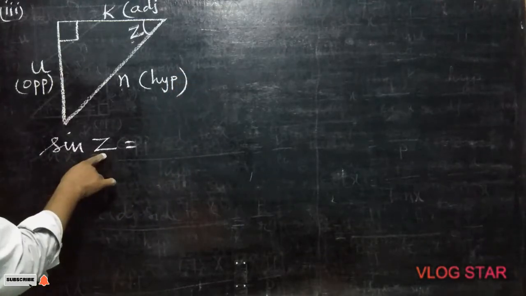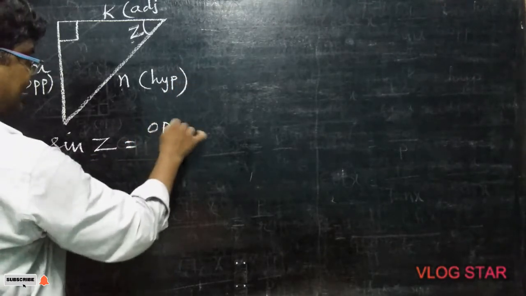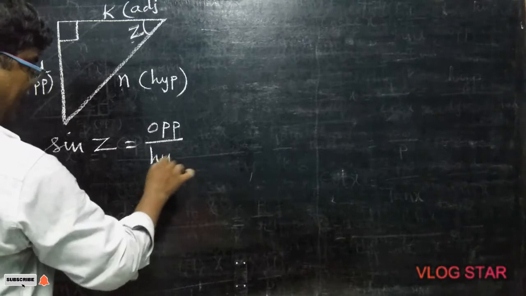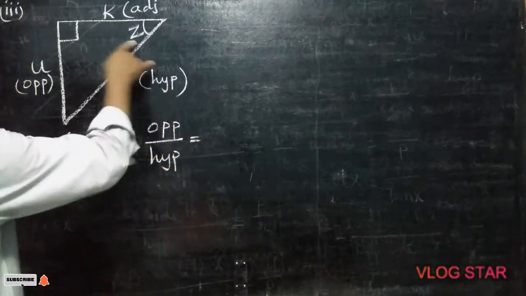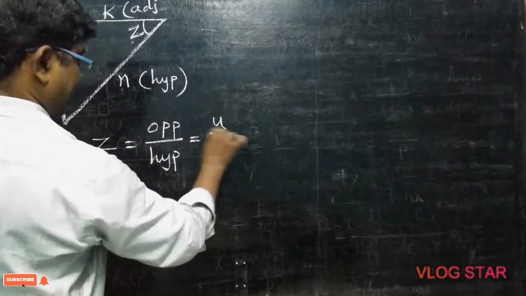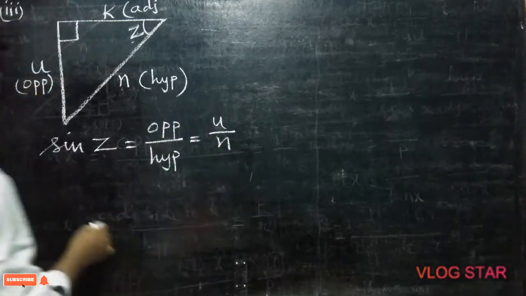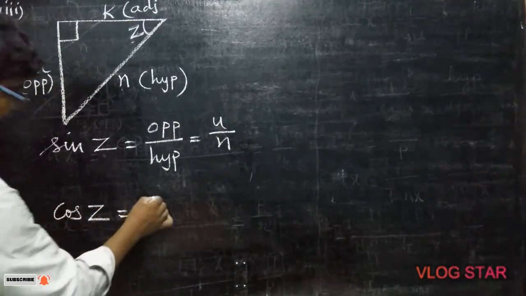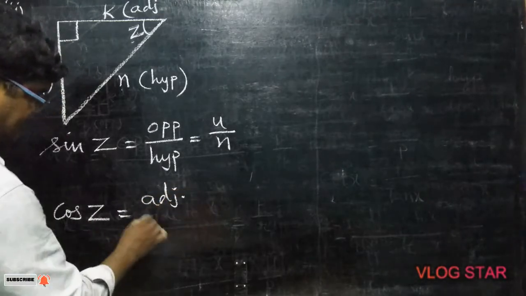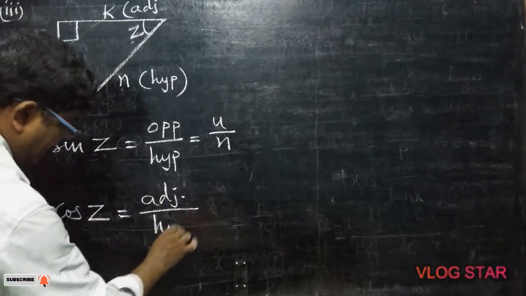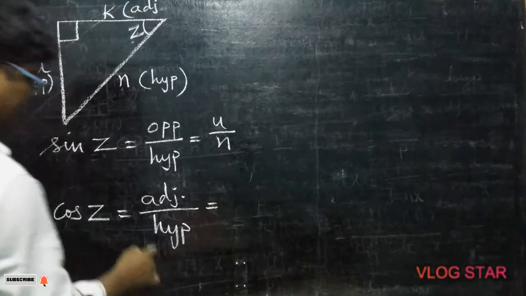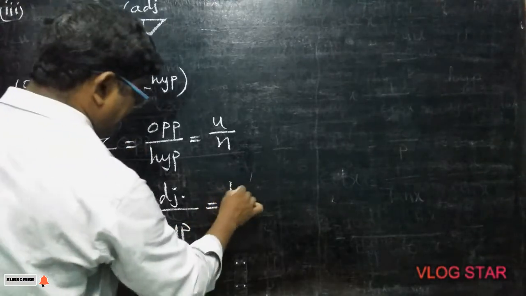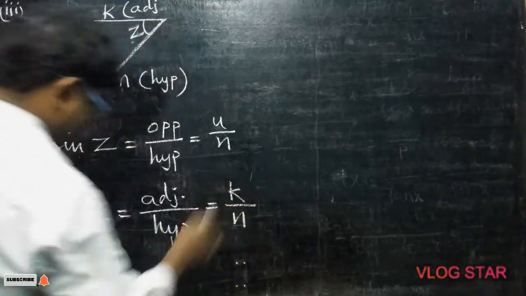So sin z they are asking: opposite side to z by hypotenuse. Opposite side is u and hypotenuse is n. Coming to cos z. Adjacent side, you write the full form. Adjacent side to z by hypotenuse. So adjacent is k. K by n.